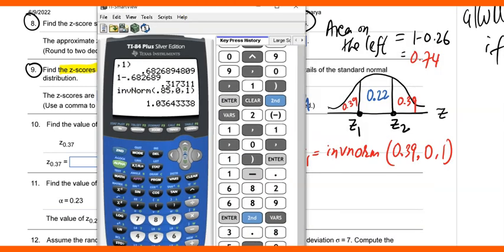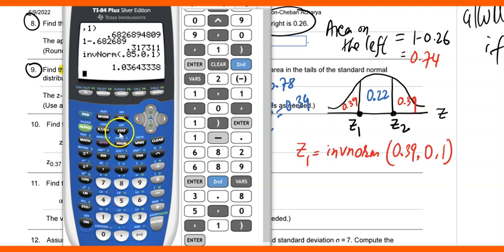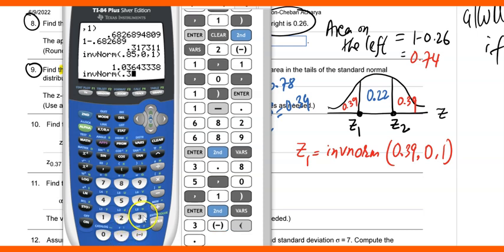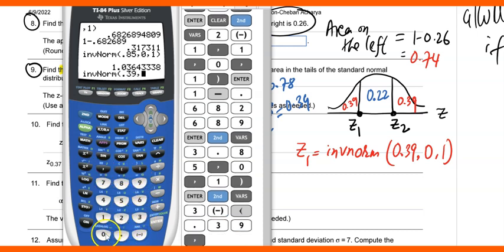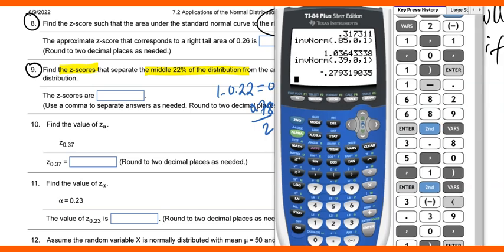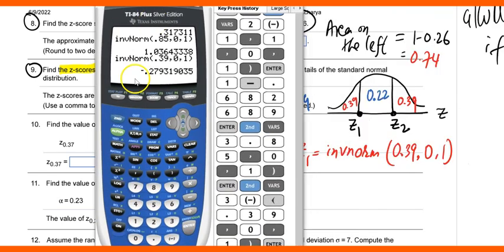You do second, VARS, number 3, invNorm of 0.39, comma 0, comma 1, and it gives 0.27931, but the instructions say round it to 2 decimal places, so it's going to be negative 0.28.